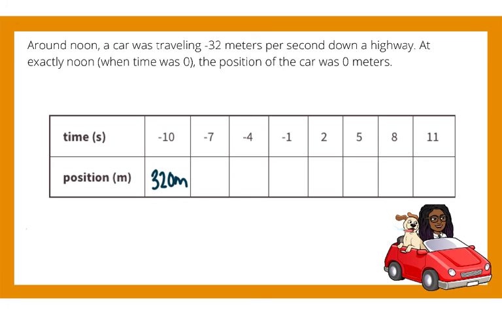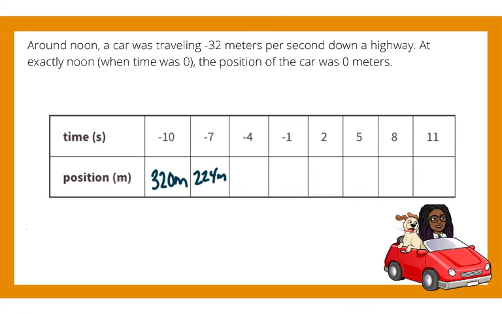The same thing is true whenever we are figuring out our position at negative 7 seconds. We're still going to just multiply negative 32 meters per second times the negative 7 seconds. And let's not forget what that negative 7 means. It's 7 seconds before we reach our position that we're going to be at noon.